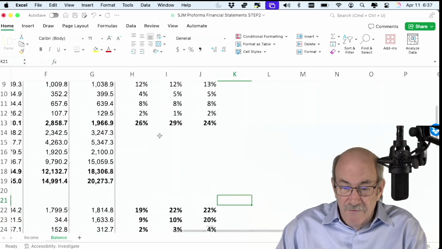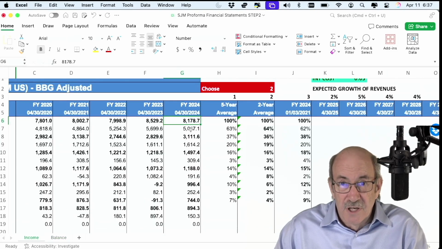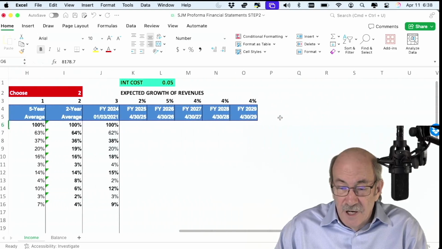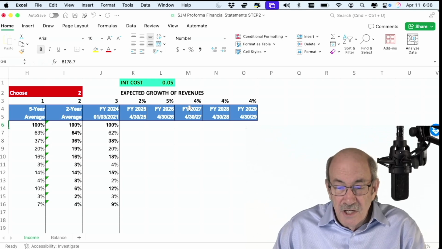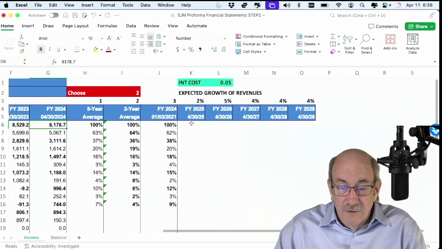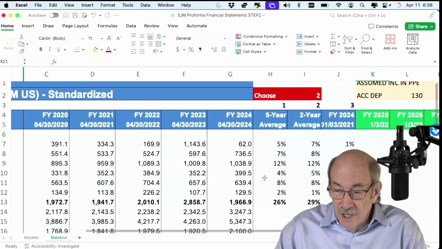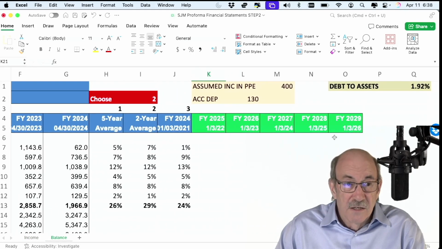So now I have all of my percent of sales on my balance sheet, and I've got all of my percent of sales accounts here on my income statement. And then I've added 5 columns out here to the right. Those are the years that I'm going to be projecting out to. So in this case, we're projecting 2025, 6, 7, 8, and 9. And likewise on my balance sheet, 25, 6, 7, 8, and 9.